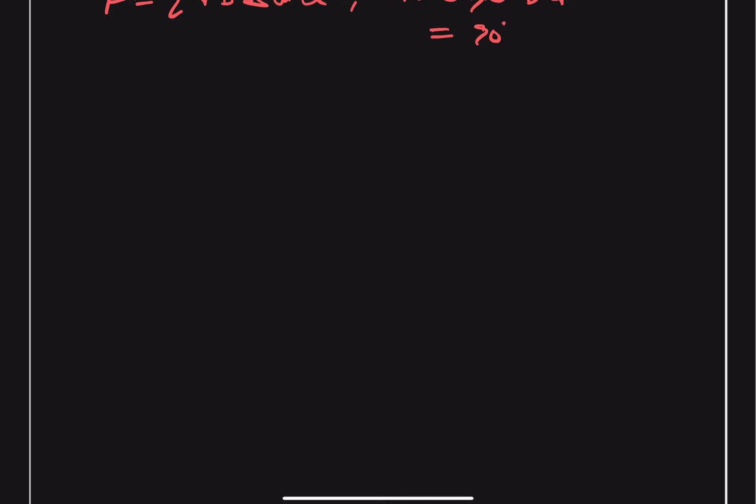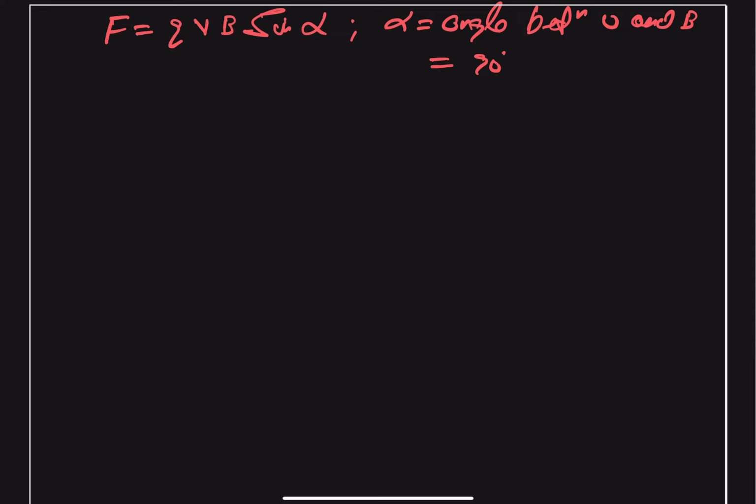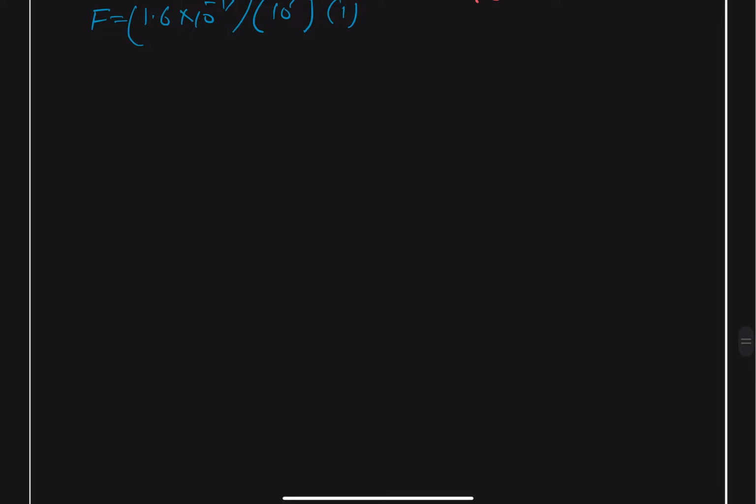So we can write that our F, substituting all other values, is 1.6 into 10 raised to power minus 19. Velocity is also given to us, 10 raised to power 7, and sine 90 is 1. Therefore our force will be equal to 1.6 into 10 raised to power minus 12 newtons.